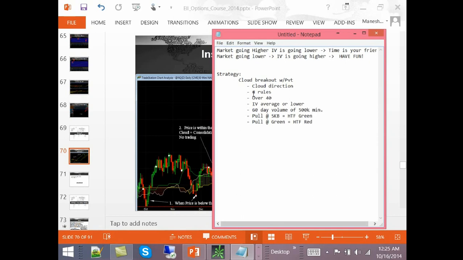What else? Anything else? How about the higher time frame has to be in the same direction? Bullish or bearish? Above the cloud or below the cloud?